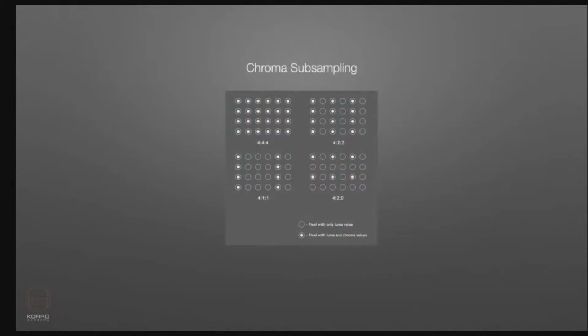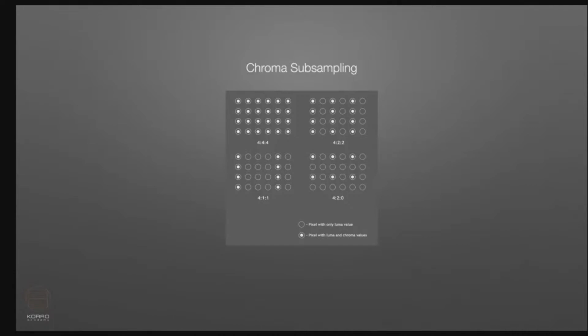If we stick to the three main ones, 444, 422, 420, they all start with a 4. The reason they all start with a 4 is because when we're looking at chroma subsampling, you're looking at a sample size that is 4 wide. Because that is the same with all of these, the first number is always going to be a 4. The key thing is then how many samples in that 4 wide by 2 deep you are keeping when you're subsampling, when you're taking away color information.